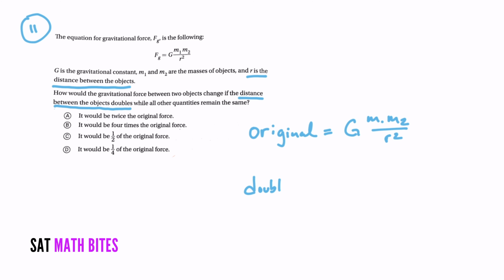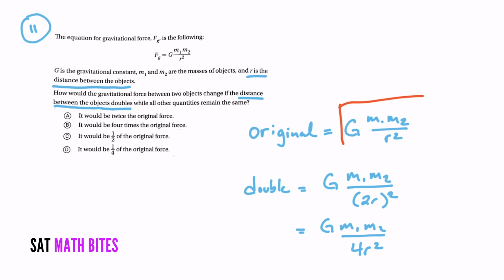But then we double r, or double the distance, so that would be g m1, m2. Instead of writing r squared, I'm going to write 2r squared because we've doubled the distance. So if we work this out, this becomes g m1, m2 over 4r squared.